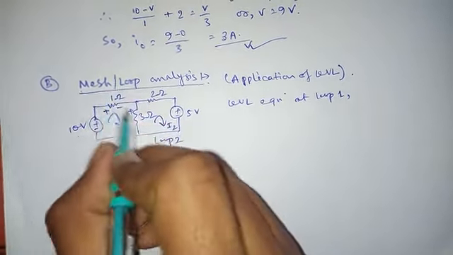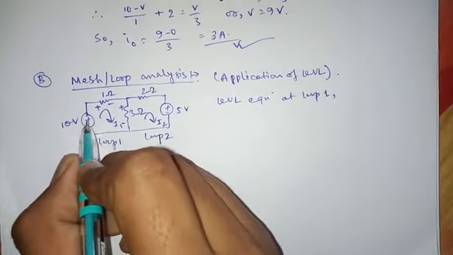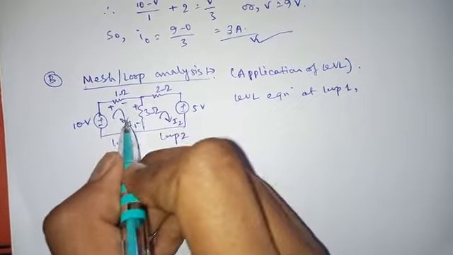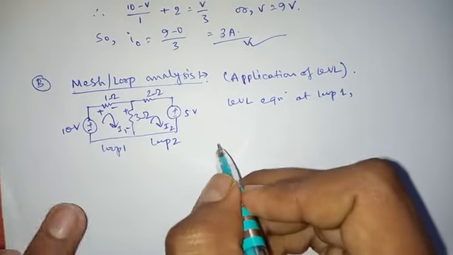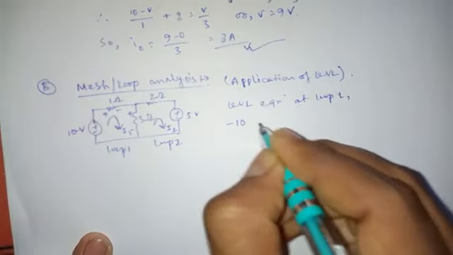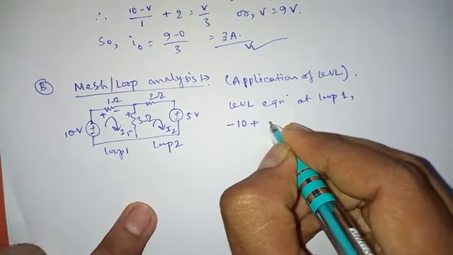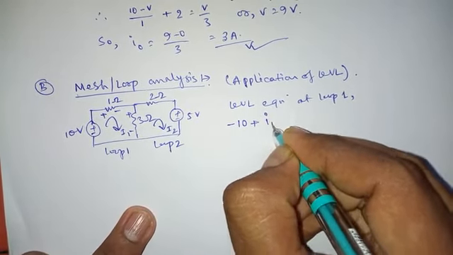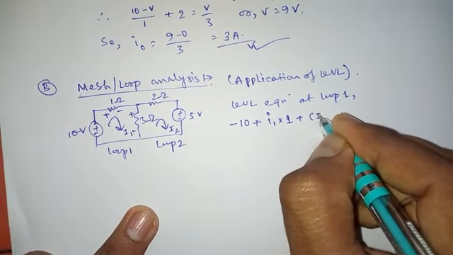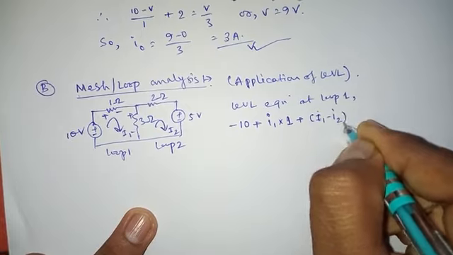So the algebraic sum of the drops and source is not the same; the algebraic summation will be the difference. So the equation is minus 10 plus I1 into 1 ohm plus (I1 minus I2) into 3 ohm.